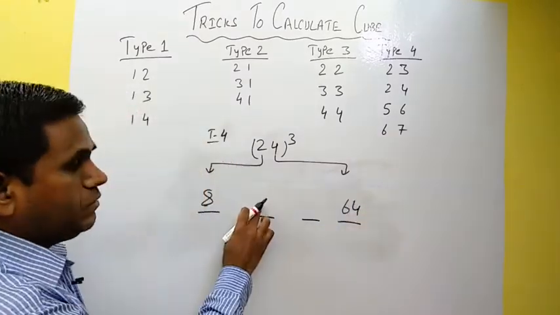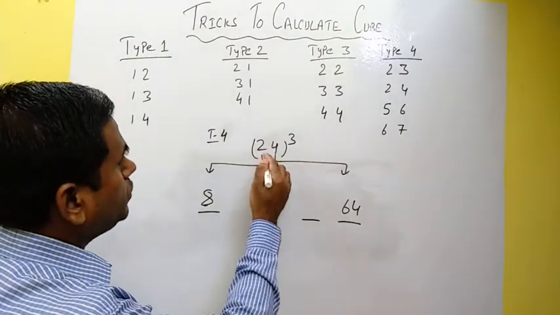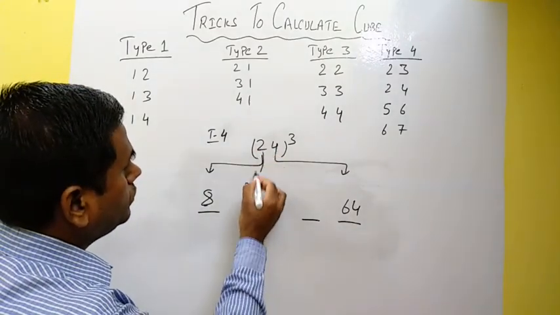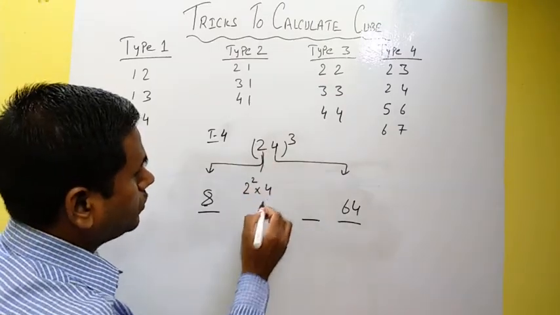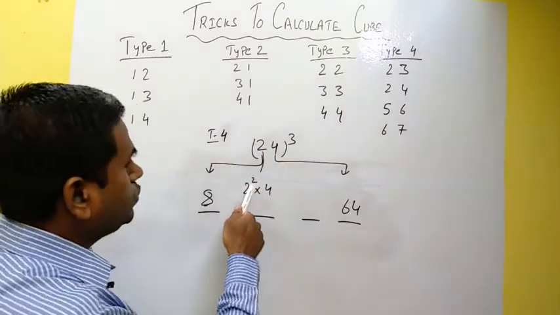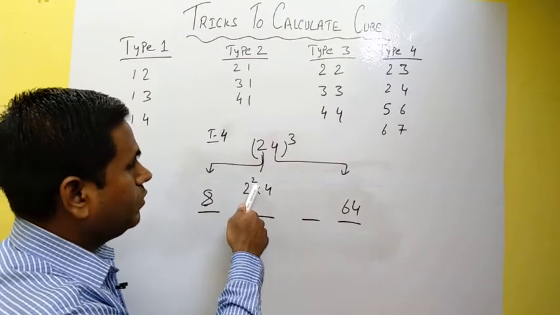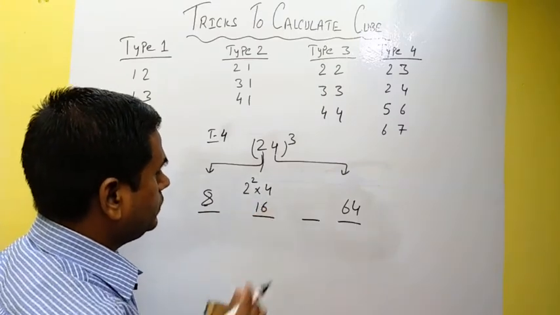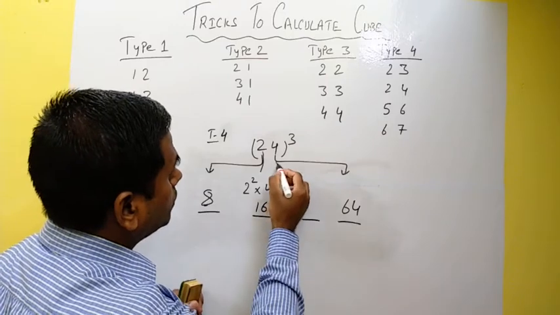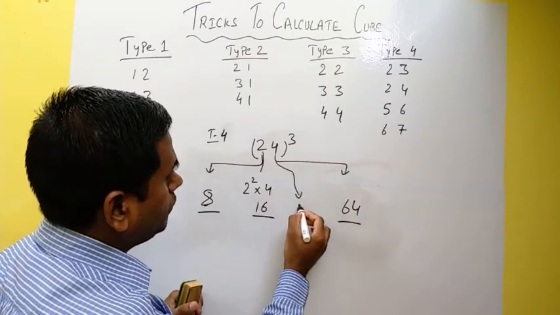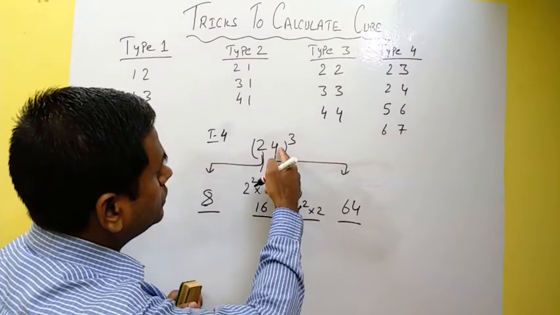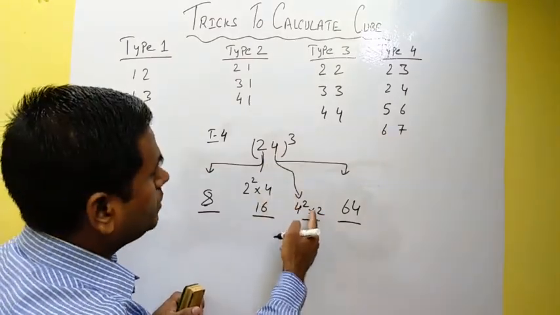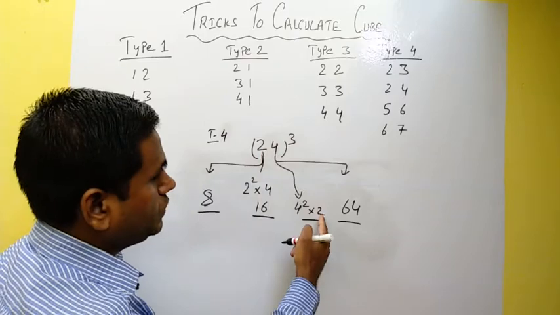Fine. And for this place, what we are going to do is 2 square multiplied with 4. Okay, so 2 square is 4, 4 into 4 is 16. Fine. And for this place here, we will be doing 4 square multiplied with 2. Since it is 4, 4 square multiplied with the next digit, 2.